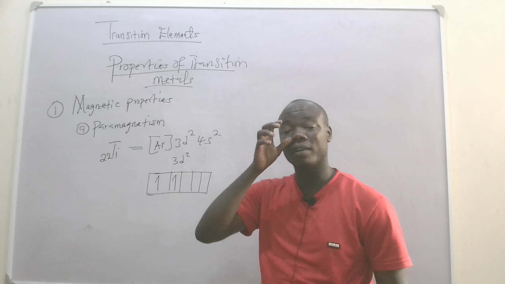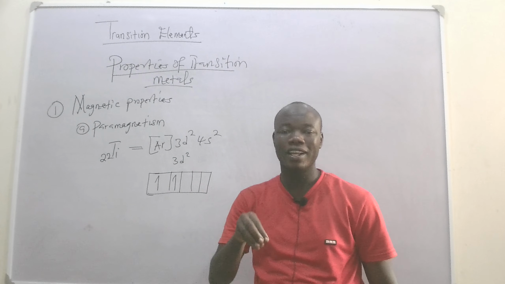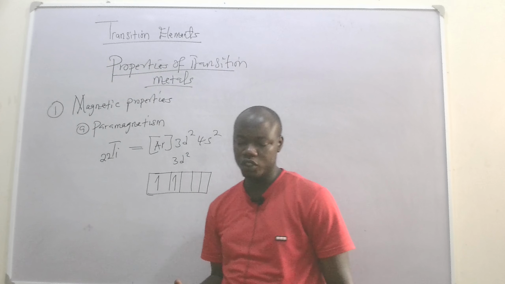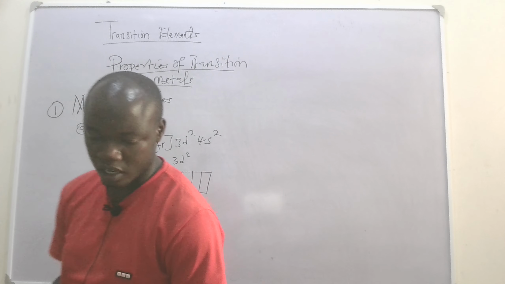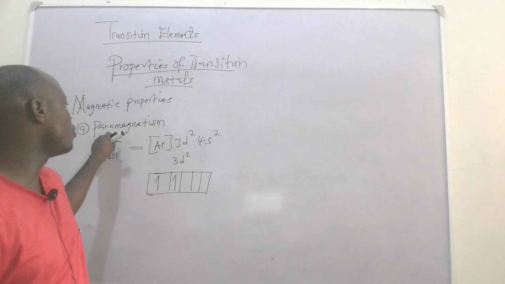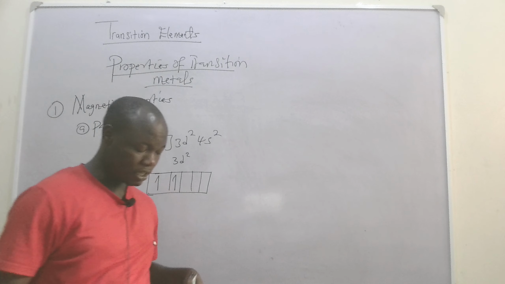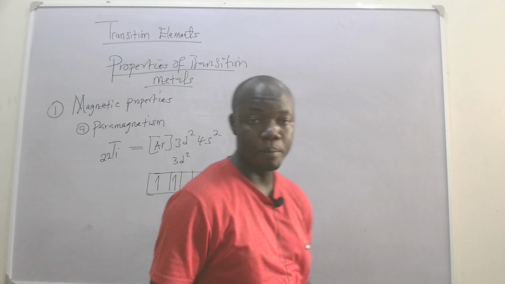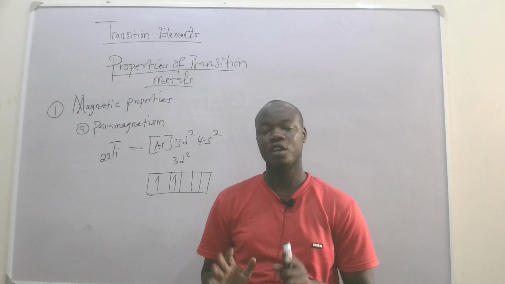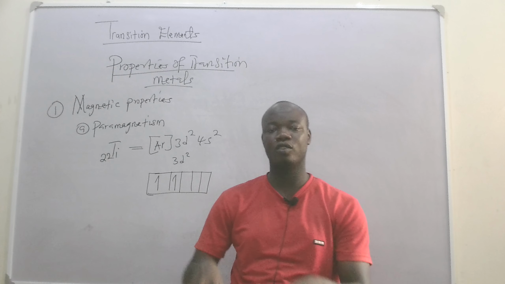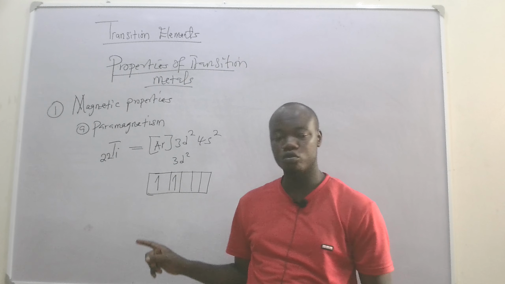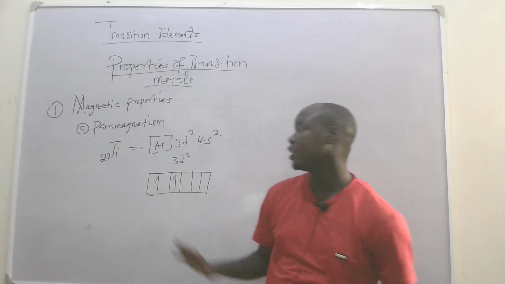So the magnetic properties of the element are due to their unpaired characteristics. Because they have unpaired electrons, that is why they can undergo paramagnetism. In a simple way, we know that metals can easily be attracted by a magnet. What makes a material attracted is the presence of unpaired electrons.